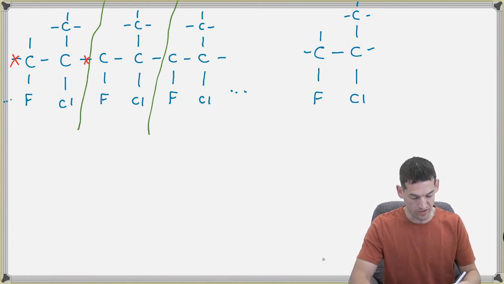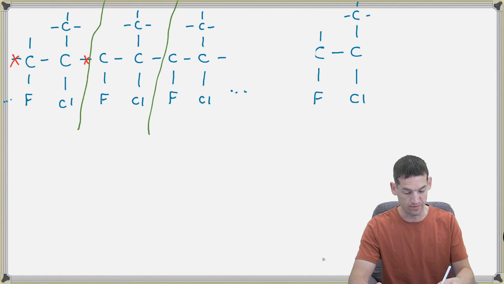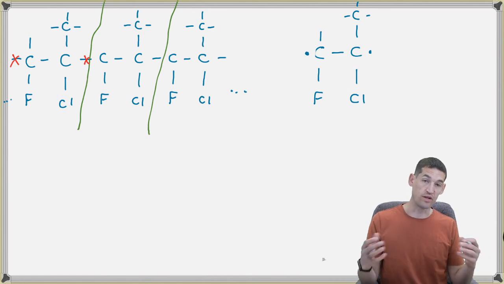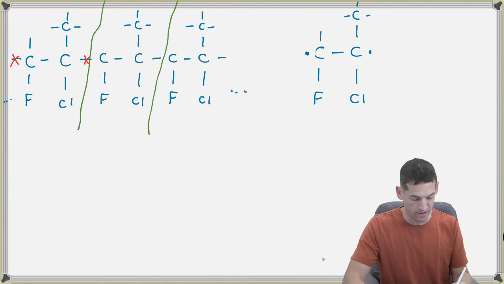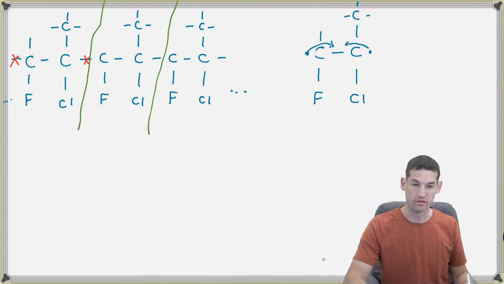And when I erase those two, working in the reverse here, I end up with an electron here and here. And then those electrons, rather than being broken and put out, we're going to put them back in. So they're going to move into here and form our double bond.